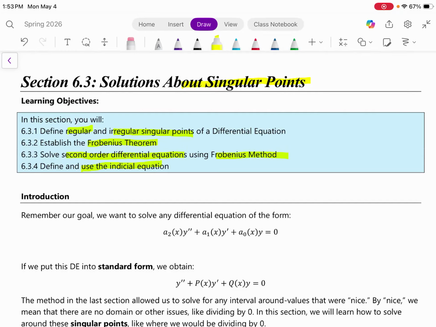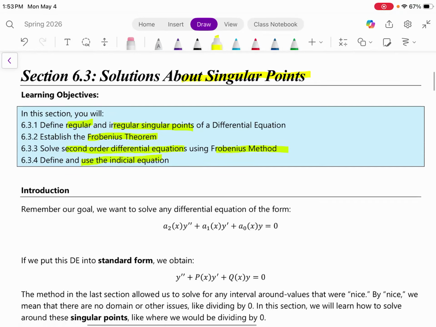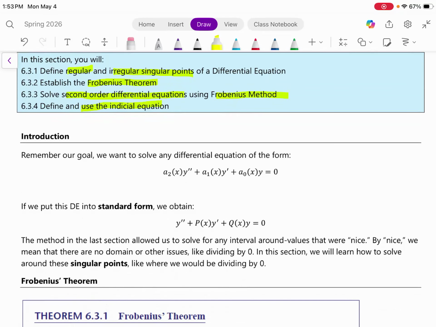So let's remember our goal. Our goal in this class overall is to solve a differential equation, and specifically a differential equation that looks like this: second order with variable coefficients, right? Functions of x. And so similar to last section, we want to put this into standard form.